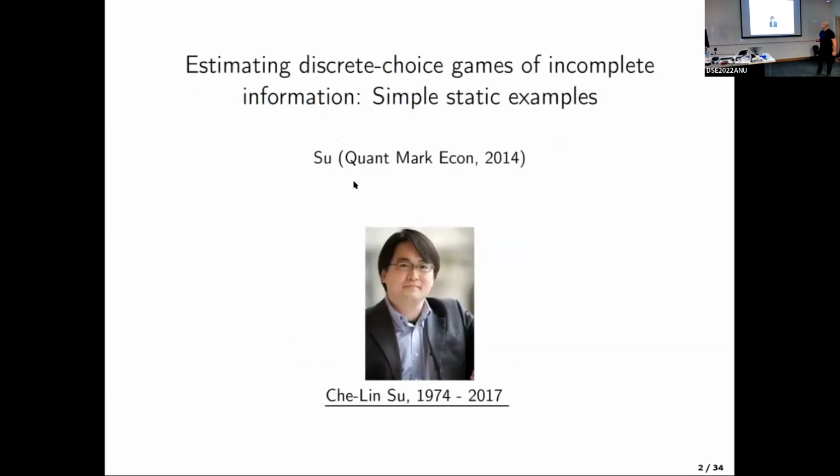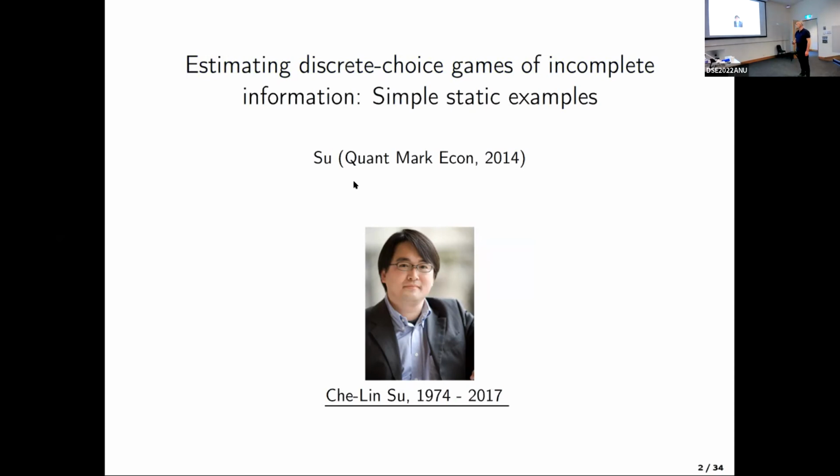By the way, these are essentially some slides based on a paper by Qilin Su that's in the box. It's called this title. Qilin was the founding father of this constrained optimization approach to structural estimation, together with Ken Judd.